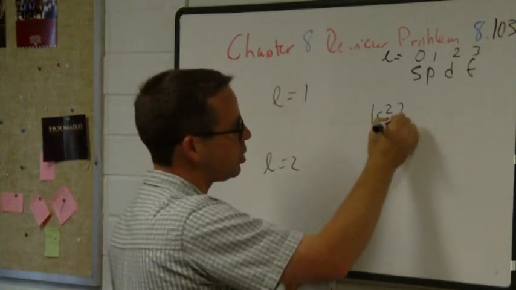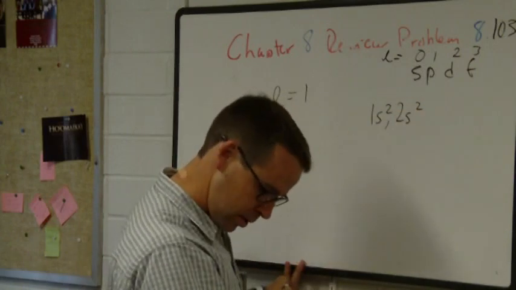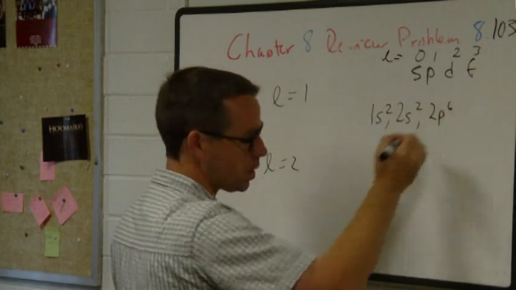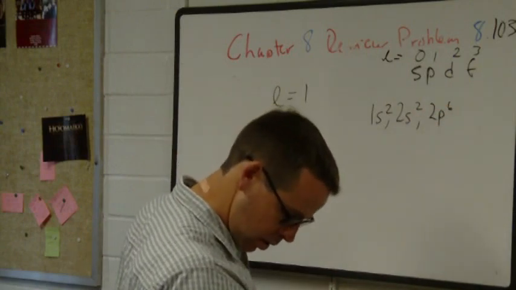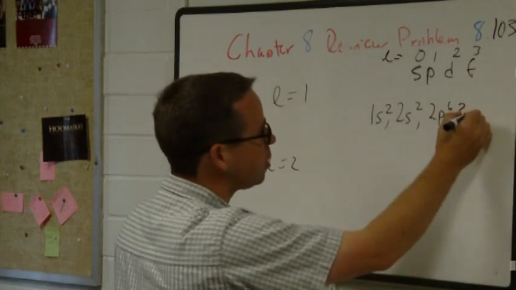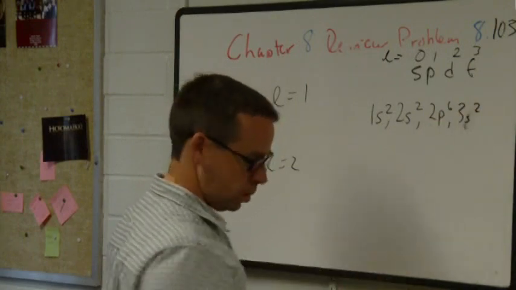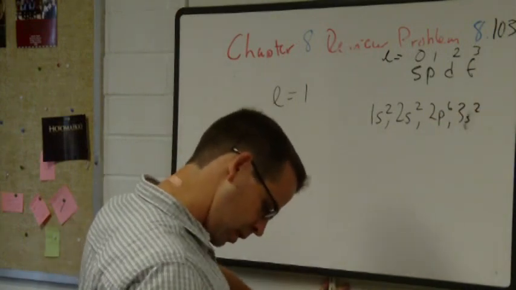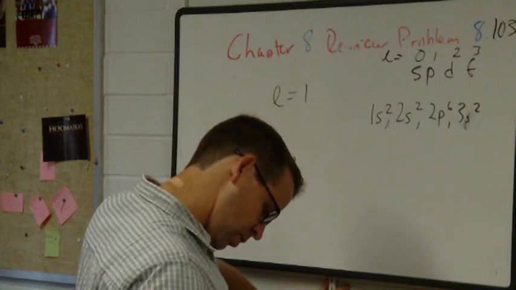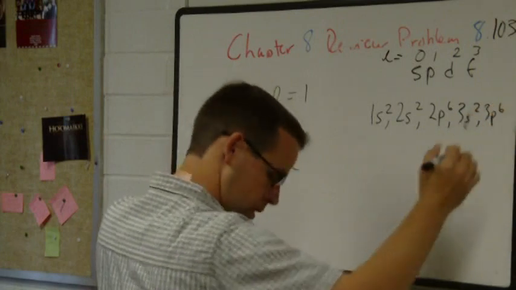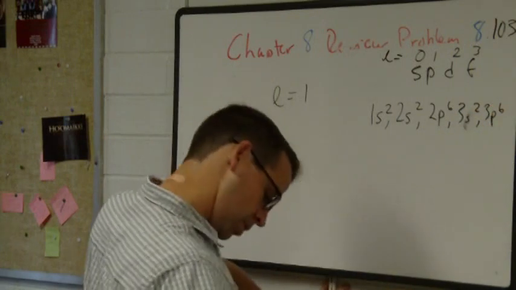Next we have 2s2, that is lithium and beryllium. Then 2p6, that is boron to neon. Then we go into our third row, 3s2, that is sodium and magnesium, and then 3p6, that is aluminum to argon.